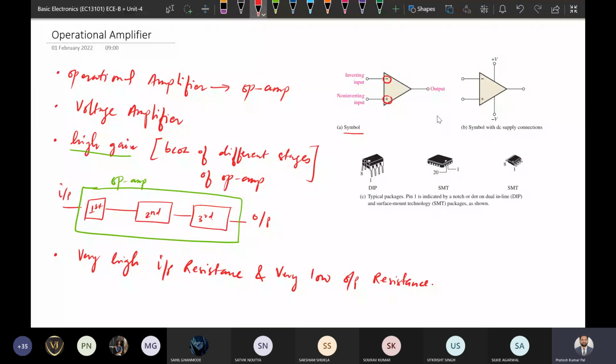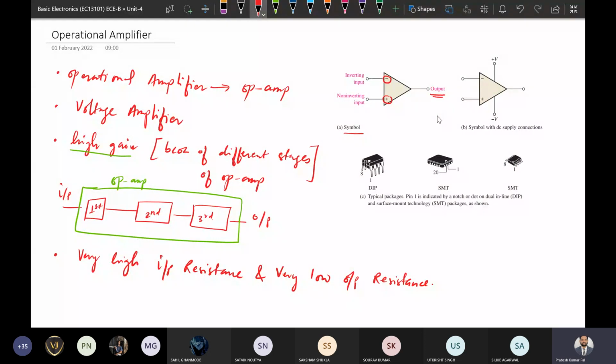As the name suggests, inverting means it will invert the output, and non-inverting means it is not going to invert the output. So there are two inputs, and with respect to them, one output. This is a simplified symbol.